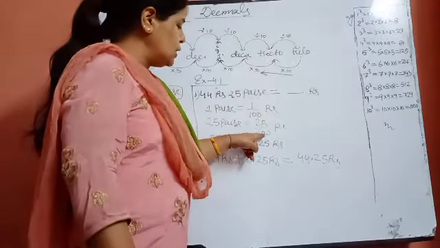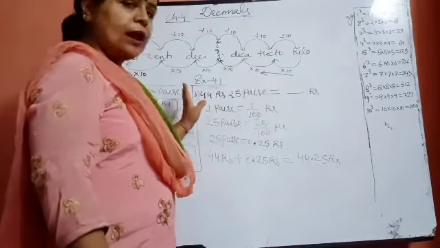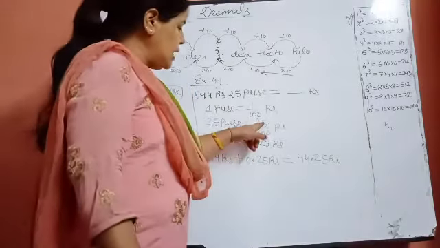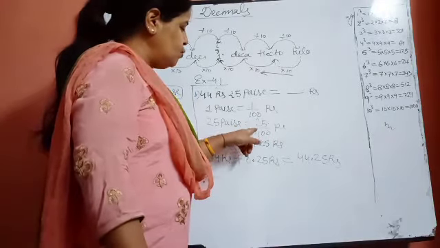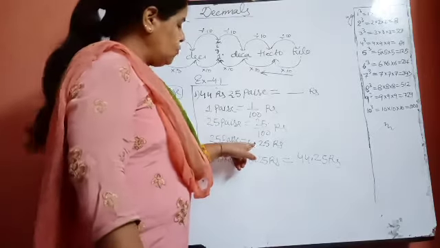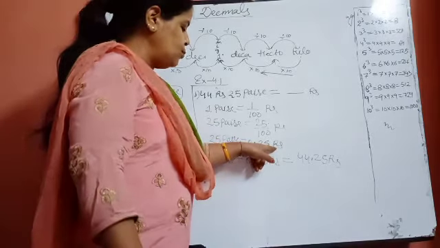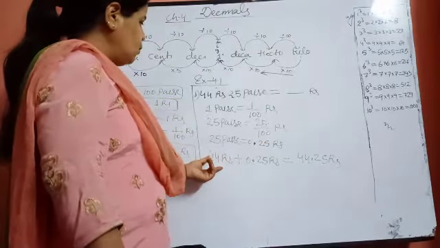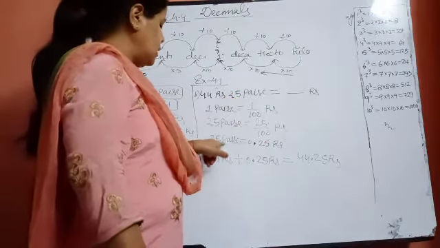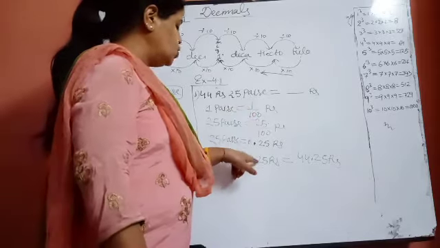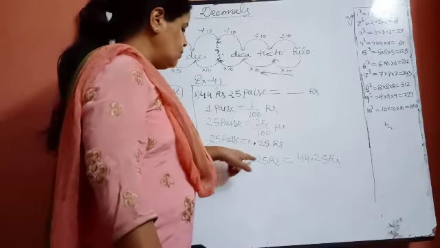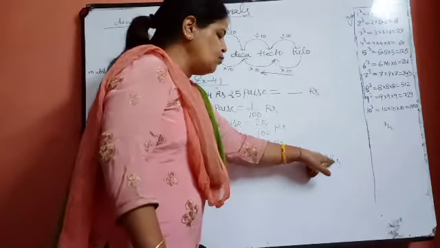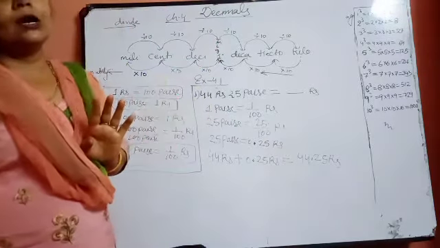Here 2 zeros were there, so the decimal will shift 2 places to the left. So before the 2 your decimal will come. So it will become 0.25 rupees. Now 44 rupees plus, in place of 25 pies, we can write 0.25 rupees. So it will become 44.25 rupees. It will be your answer.